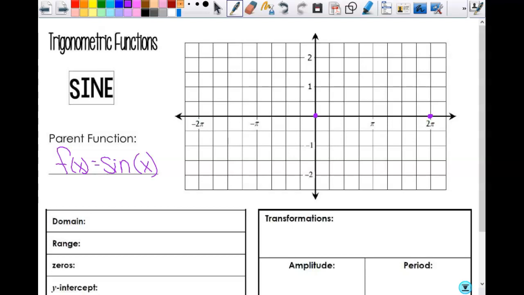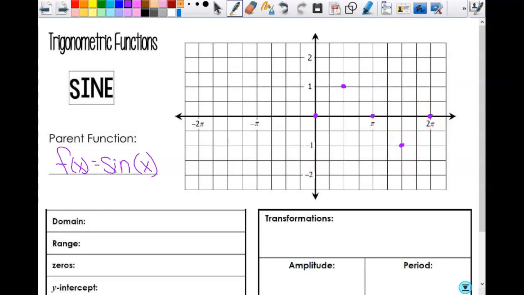What is the sine of pi? 0. Sine of pi is 0. So notice here, I get the beginning and the end of the period, and then halfway in between, it's also 0. And because I know the shape here, halfway between 0 and pi is going to be my maximum, which is at what? 1. And then halfway between pi and 2 pi, that's 3 pi halves, I'm at negative 1.